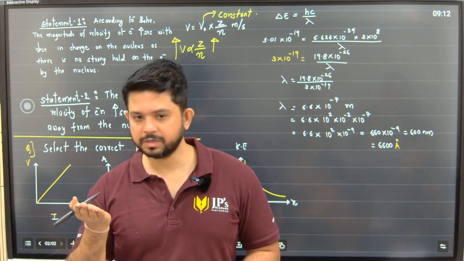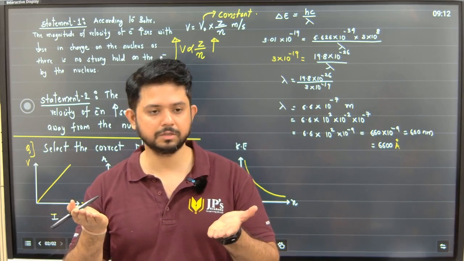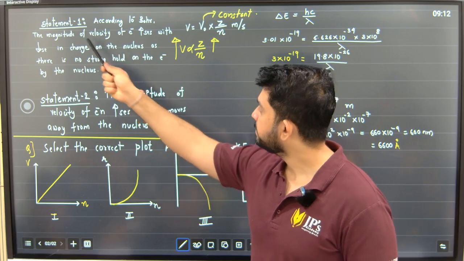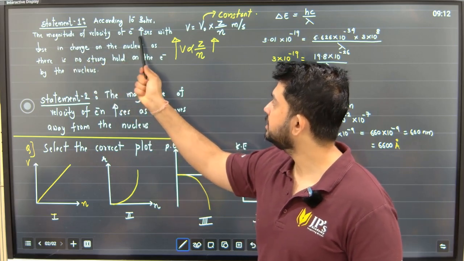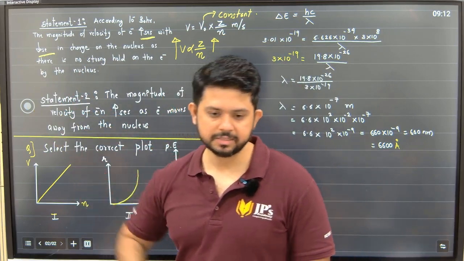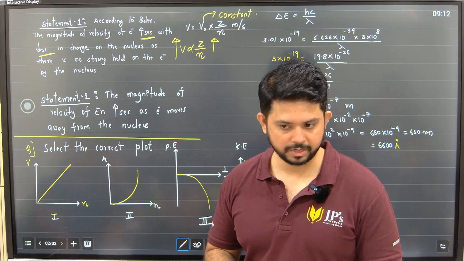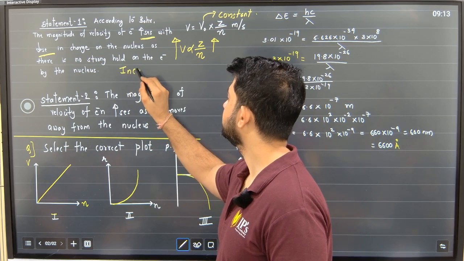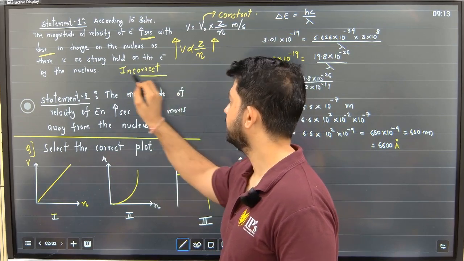If the charge on the nucleus increases, what will happen to the velocity of the electron? That will increase. But what does the statement say here? The magnitude of velocity increases with decrease in charge. Is this statement correct or incorrect? The statement is incorrect.